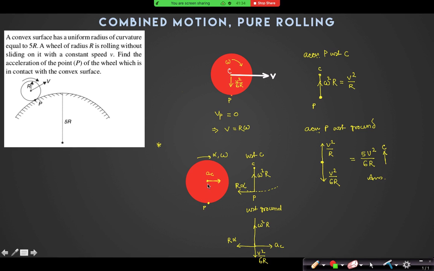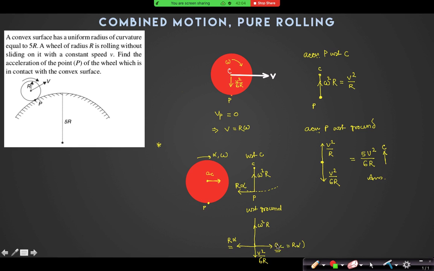Now acceleration of C is not only in this direction. Acceleration of C will also be in this normal direction, which is omega square R or V square by R. And as it is in pure rolling motion, so with respect to ground, AC is equal to R alpha.